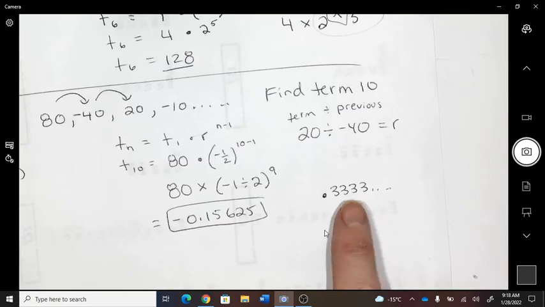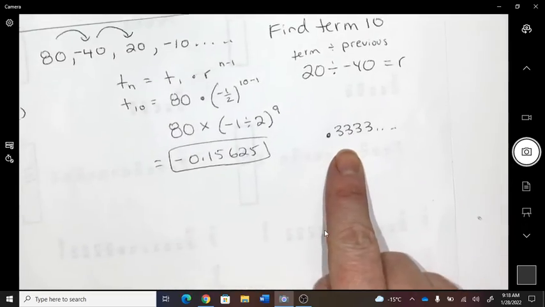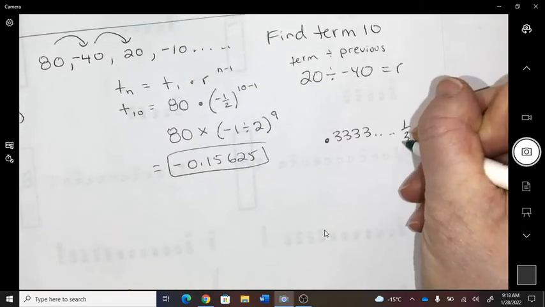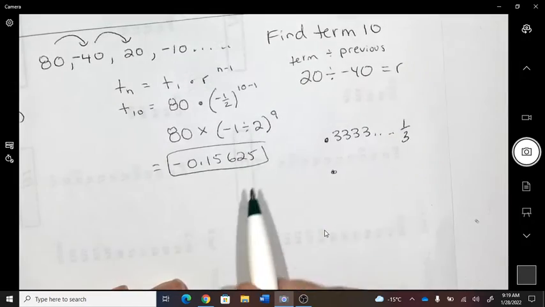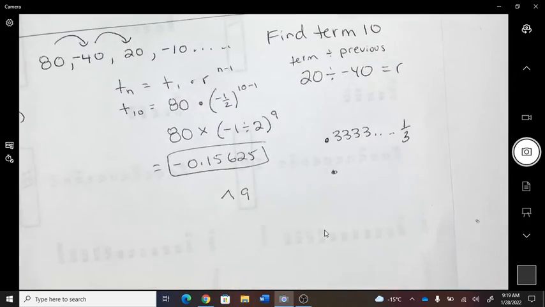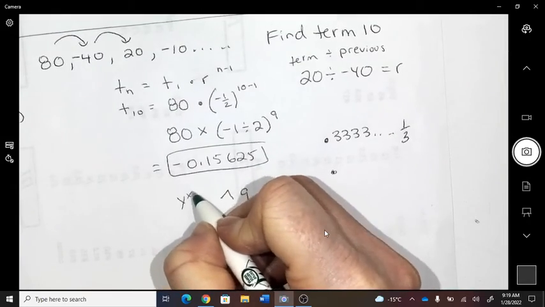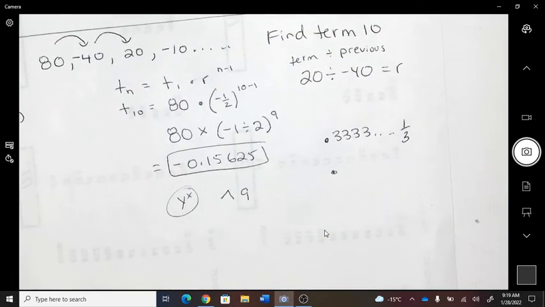What is this value as a fraction? 1/3. You should recognize that as 1/3. Yep. How do you put the 9 in the calculator? To the 9. That same button you just did. That Y to the X button. Same button as last time. Did you find it? Or try it again.